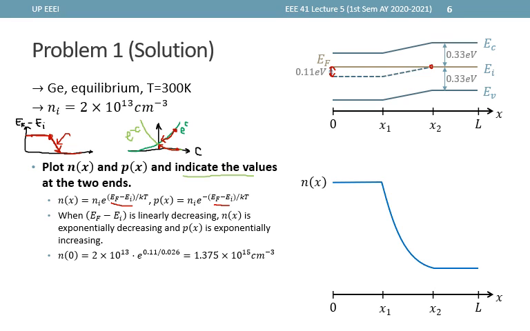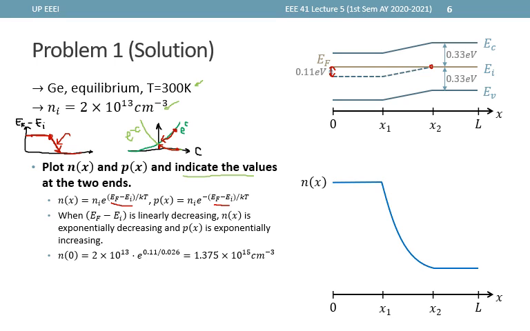So first, for n at x equal to 0, its value is ni, which is 2 times 10 raised to 13, times e raised to ef minus ei, which is 0.11 electron volts, over 0.026, since we are dealing with a material at room temperature.